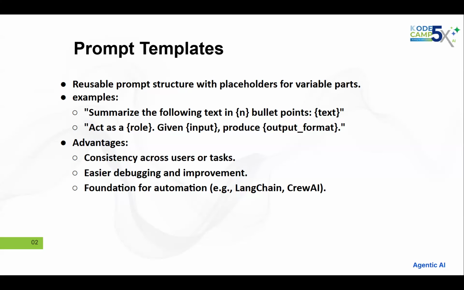Another example, as I have here, is: act as a placeholder for role, given placeholder for input. Given placeholder for input, produce output format. Here now, the variable parts are the role. Here now you provide a persona, right?